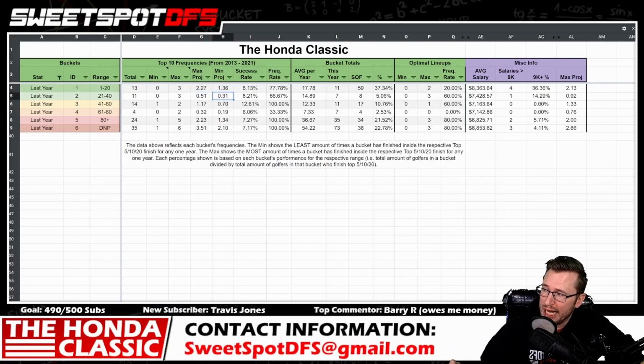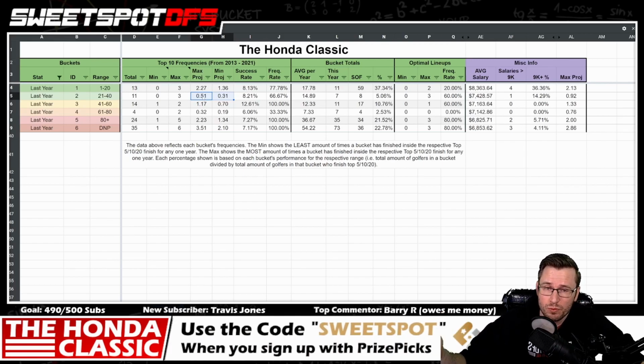So when we look at last year 2, we would want 0 as our minimum, but a max of 2. Of course, personally, if I'm just hand selecting, I'm probably selecting 1 golfer at most. But the bucket system or the optimizer, you want to allow it to have a 2-point buffer. So we're aware of that.